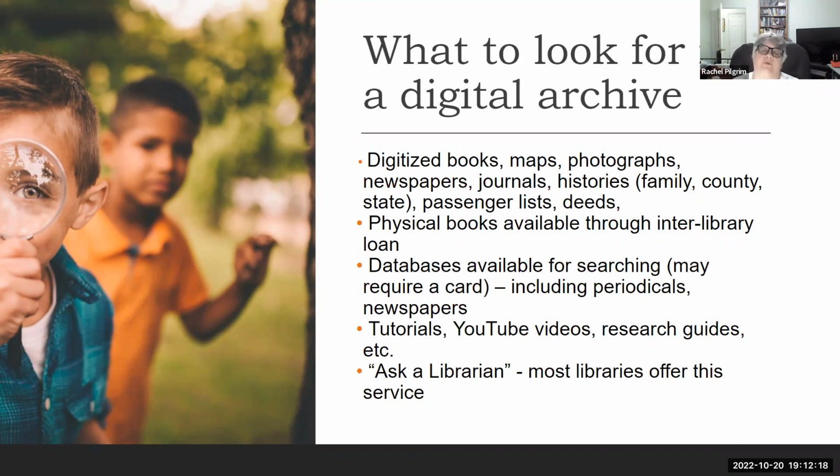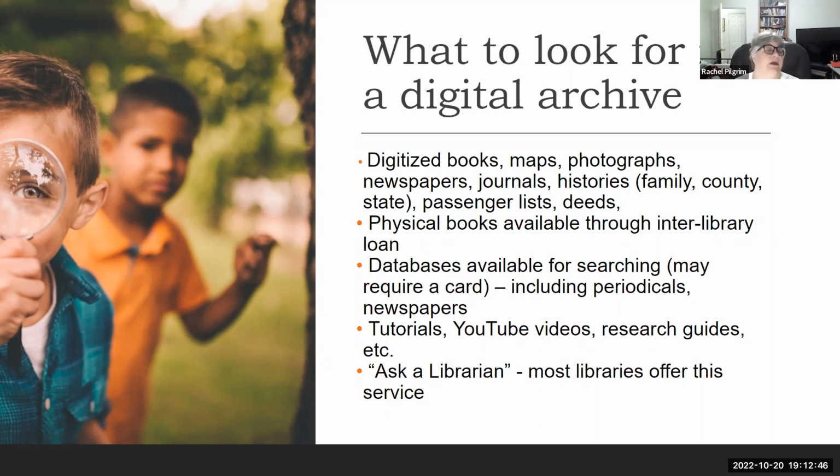Another thing to look for in a digital archive are physical books that are available for interlibrary loan. So most libraries participate in interlibrary loan. There may be a small fee to cover the cost of shipping the book from one library to another, but unless it's a specialized book that the library restricts circulation on, many books are available through interlibrary loan.